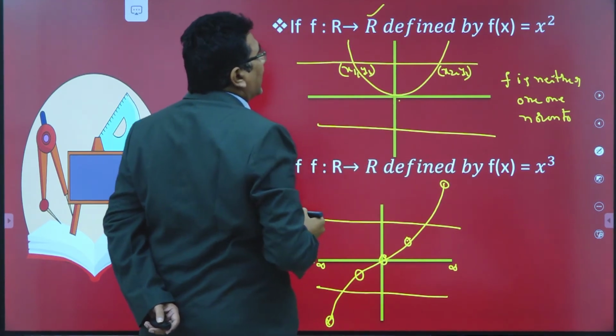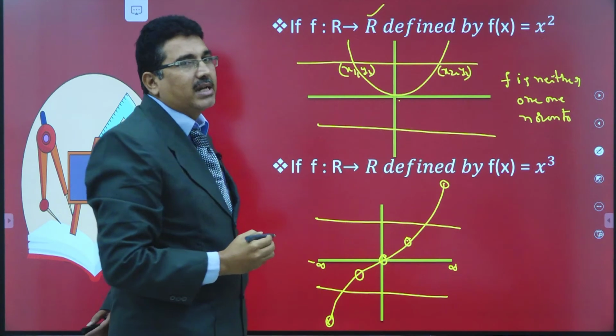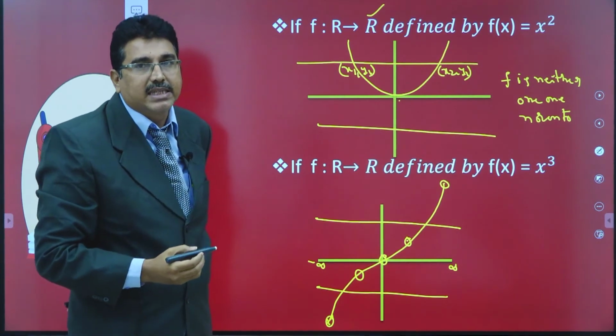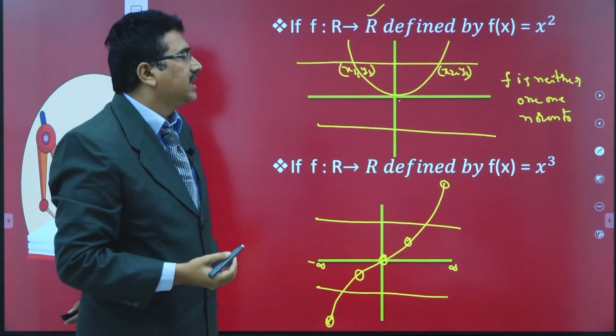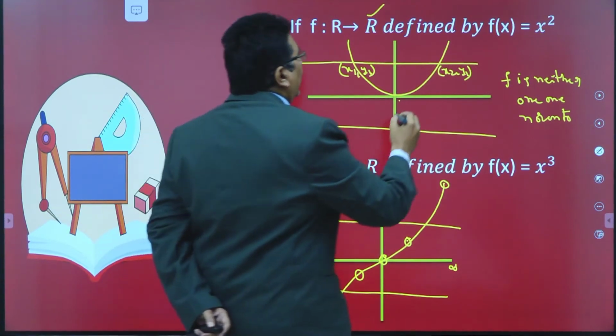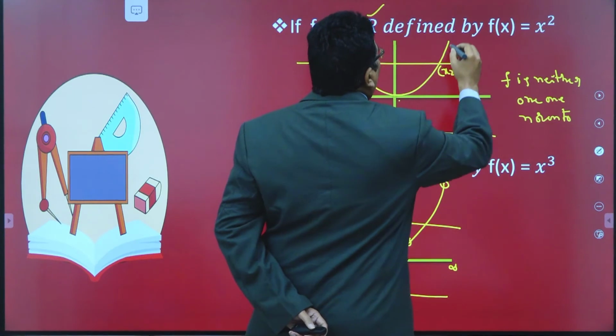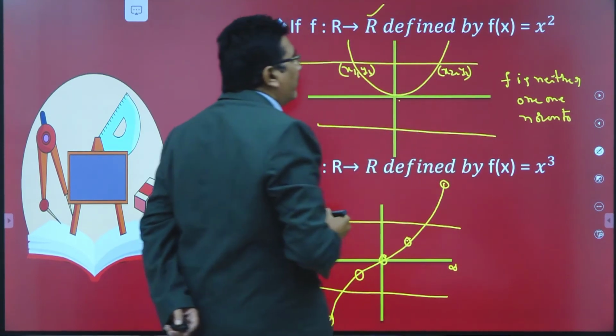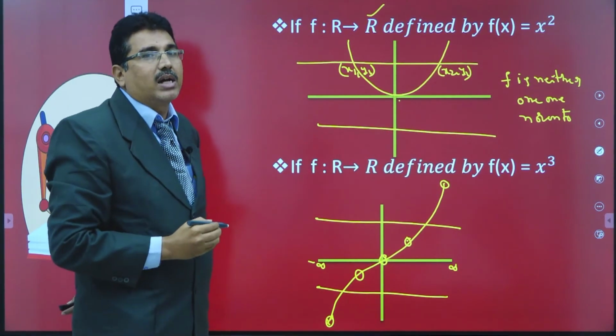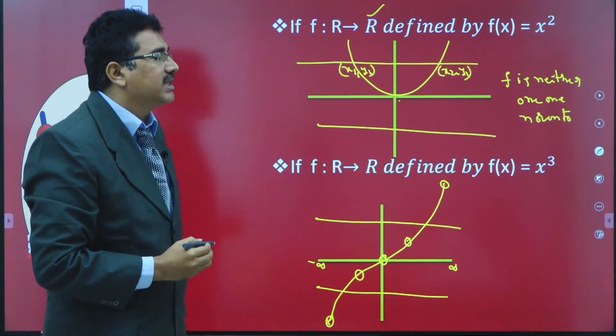So, in the interval minus infinity comma 0, f of x equal to x square decreases. Now, in the interval 0 comma infinity, the values of f of x increase. Therefore, in the interval 0 comma infinity, the function is increasing.